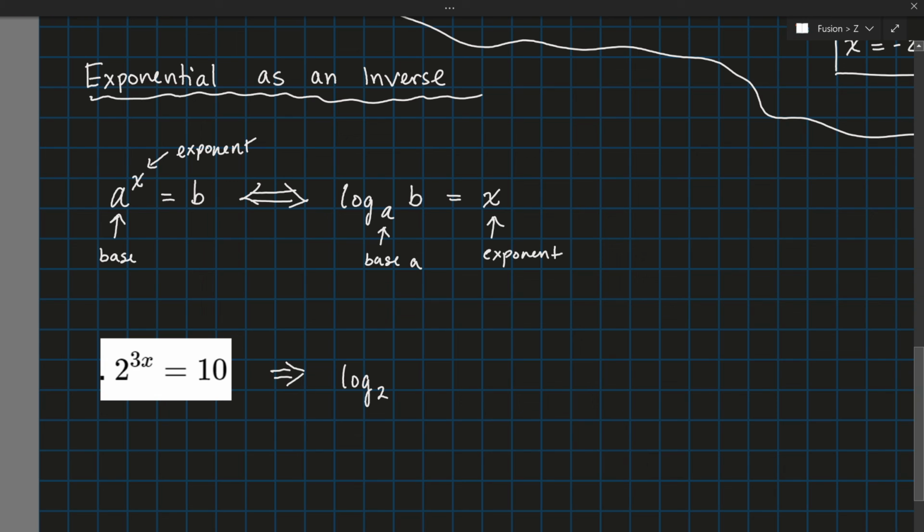The other side of the exponential equation goes here, 10, is equal to 3x. And now we divide this by 3 on both sides. And we'd get x equals 1/3 log base 2 of 10. We have to do a slight amount more manipulation to put this into the calculator, but now we would be able to do that.